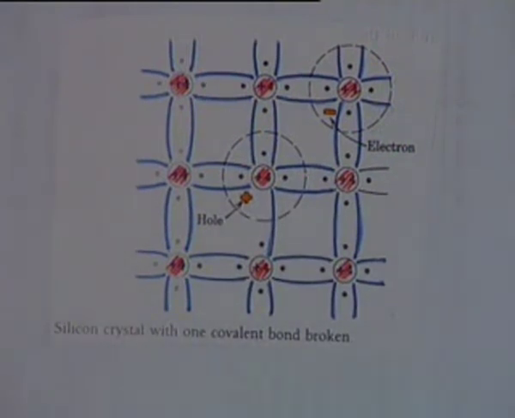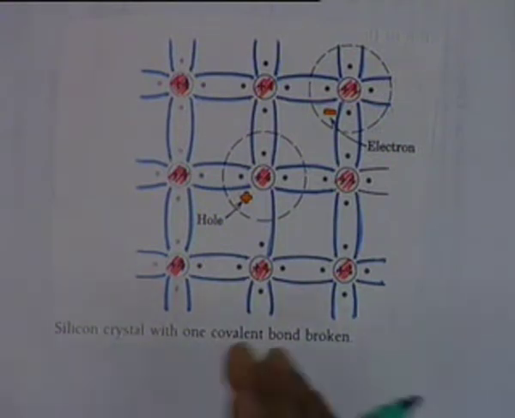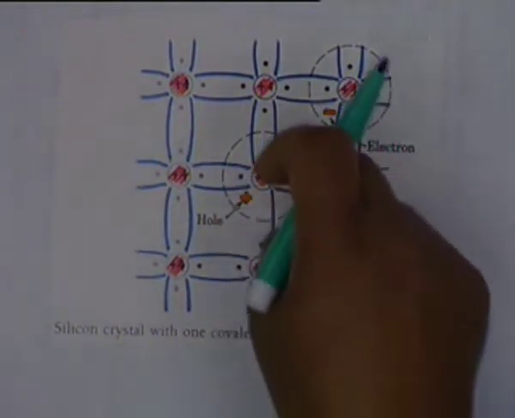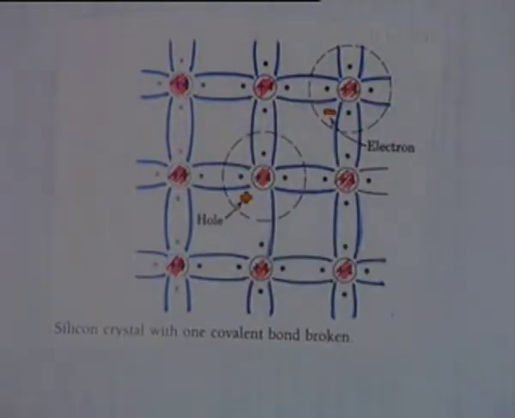Now, it can be shown from quantum mechanics that current conduction will occur because there are free electrons, but surprisingly current is also conducted by holes, and it happens like this. Suppose in this structure another electron is knocked out from some other atom and comes in the neighborhood of this positively charged region.